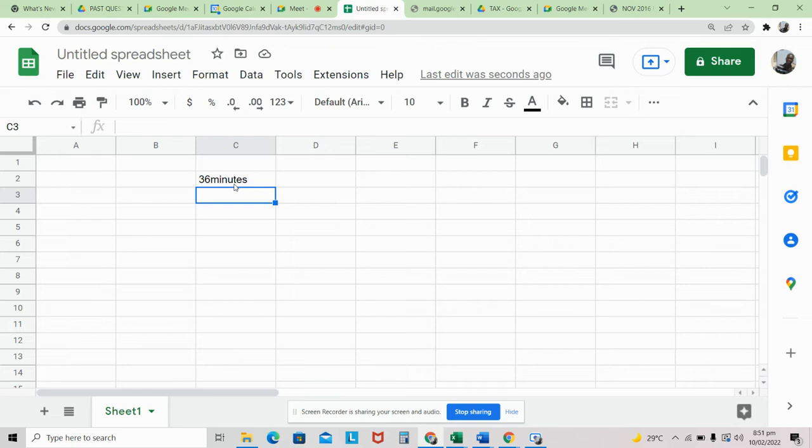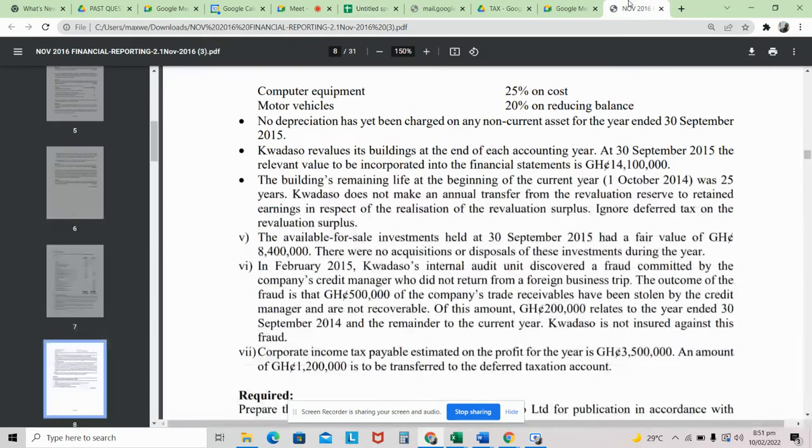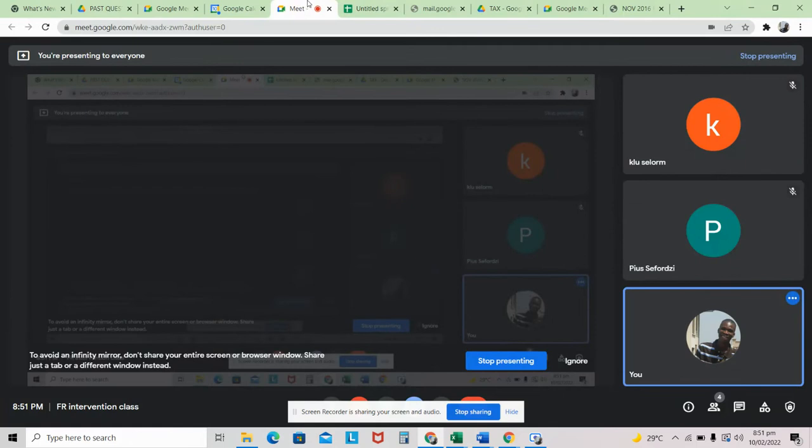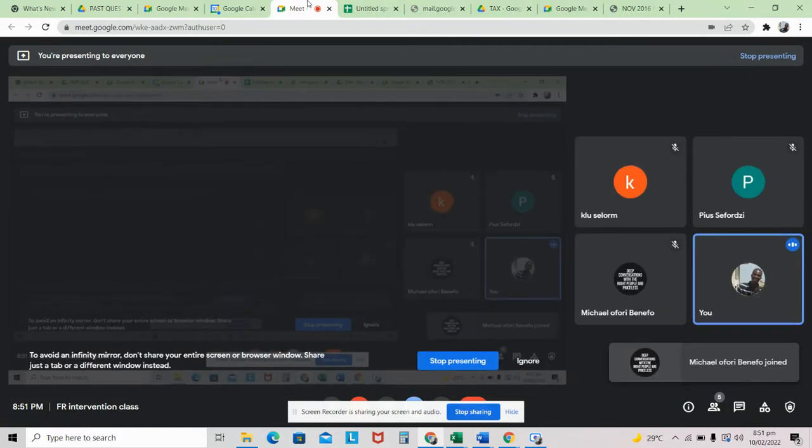So that is why in examination you have to do the straightforward questions first. Okay, you have to do the questions that do not require you to think so much. So you need to start with ratios, and then you solve standards and all that.